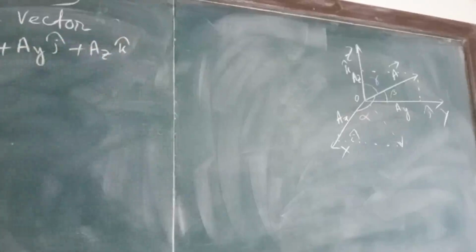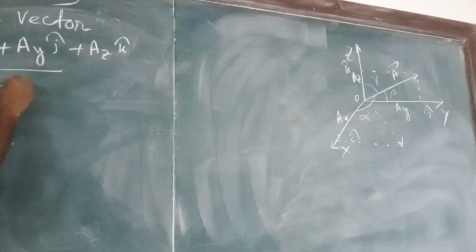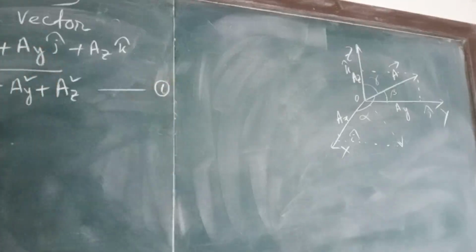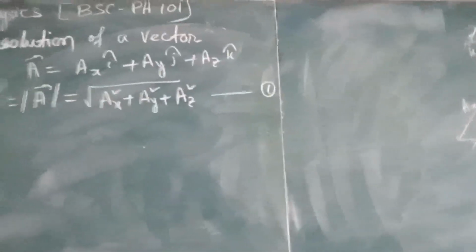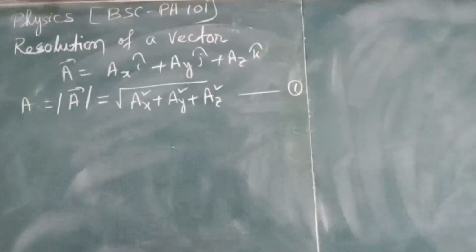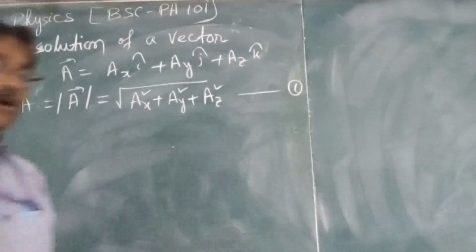Therefore, magnitude of A equals root over ax squared plus ay squared plus az squared. Equation 1.